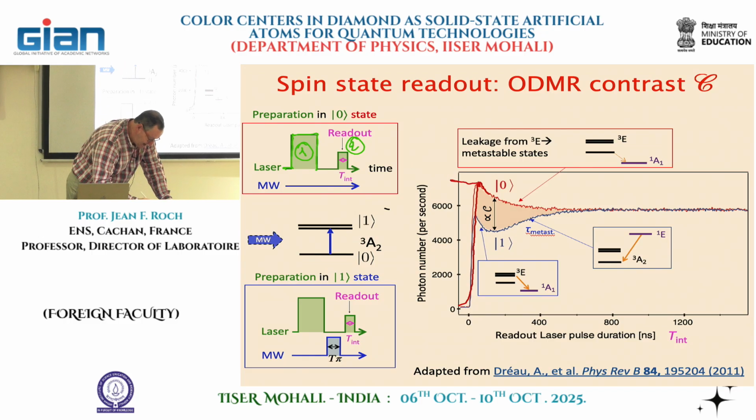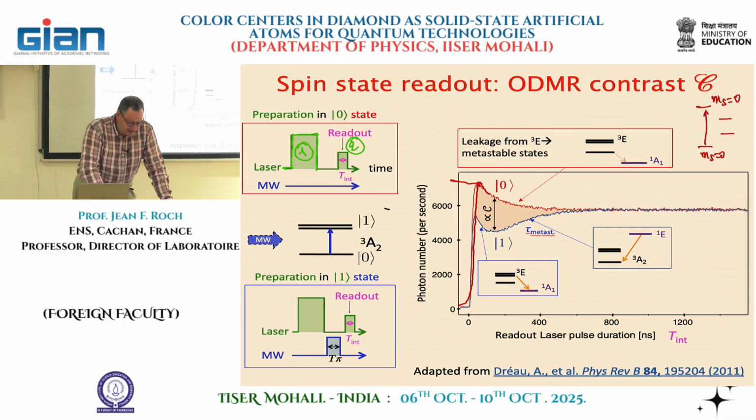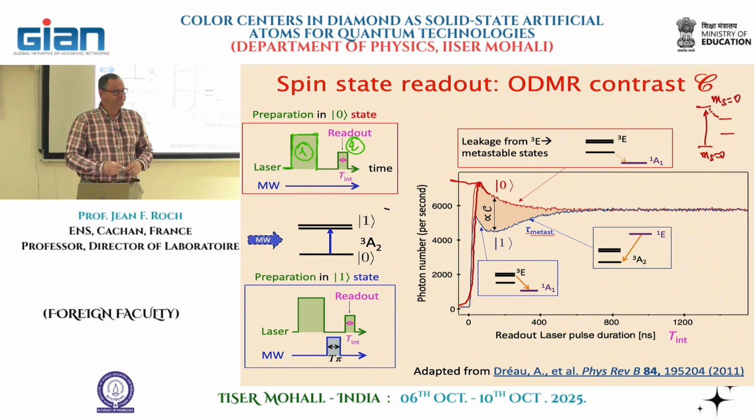And what happens then is the fact that the system will leak again. To be honest, this will be ms equals 0 on the other side, but that will leak a little bit to the ms equals -1, it won't stay for long enough in the ms equals 0. There will be some decay, but it doesn't matter. I will repump them.